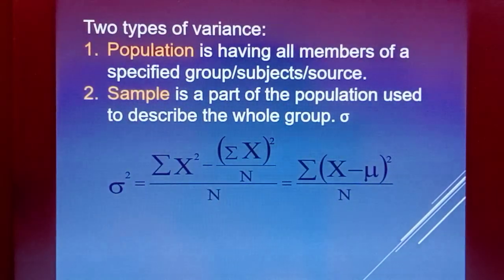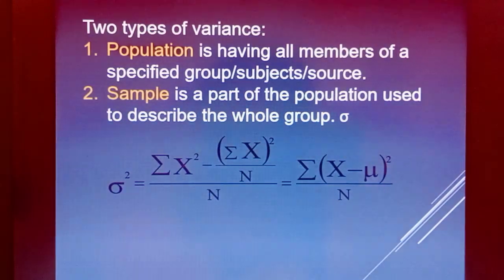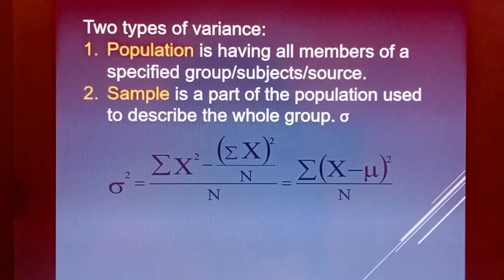So we only have a part of the group. So for example, a group consisting of 1,000 members, and 100 lang yung kinuha nating sample. So this is a sample. This is just part of a group. No? So 100 out of 1,000.